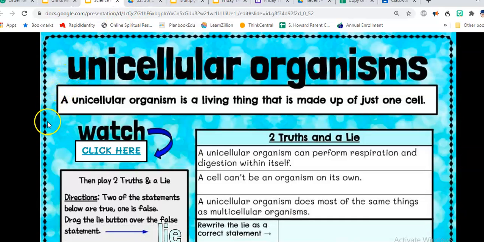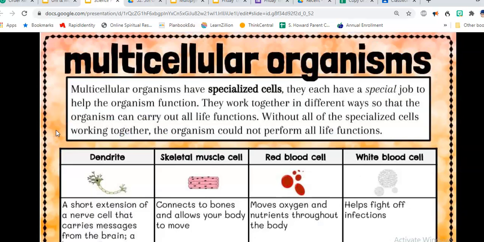Okay, so you can use the information on that video to determine which two are true and which is a lie. For multicellular organisms like yourself, we have specialized cells. Multicellular organisms have specialized cells. And specialized cell, you see it has the word special in it.